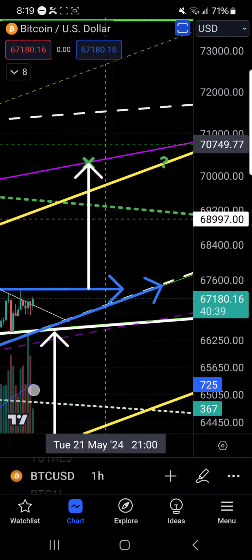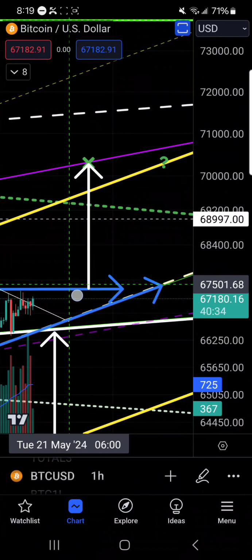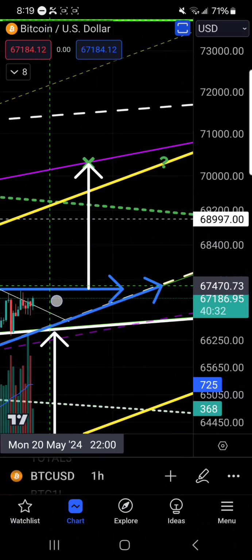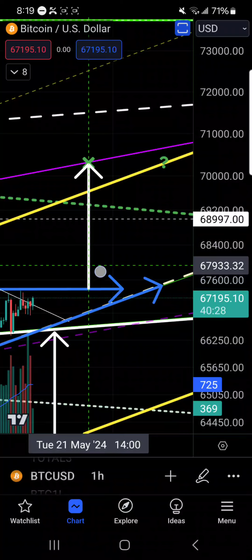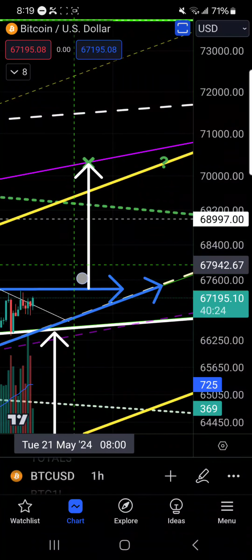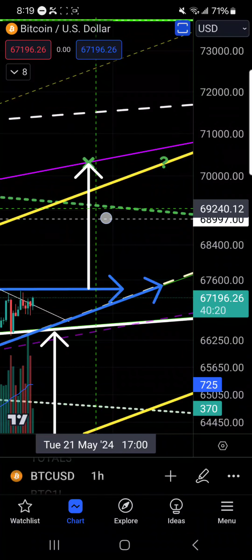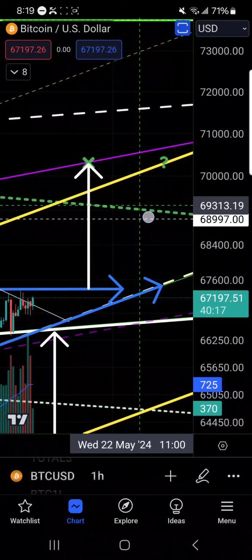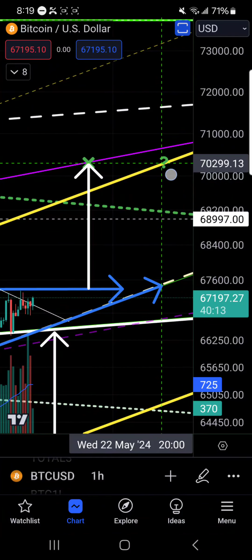So probably attempt to break out of this blue channel, trade up alongside of it, up on top of it as support, and then tomorrow maybe attempt through the top of the Gaussian channel here, test it as support, and then up to there on Wednesday.